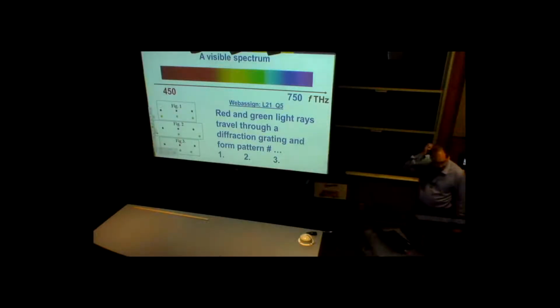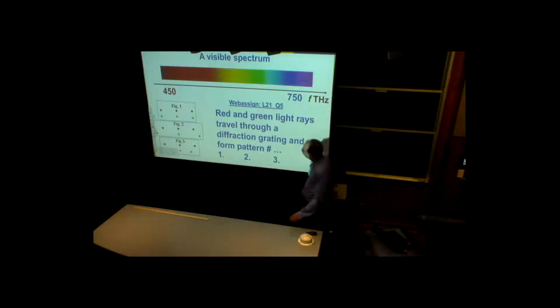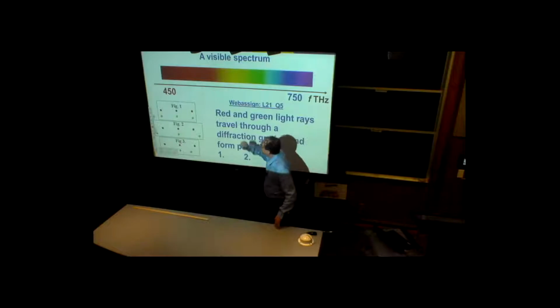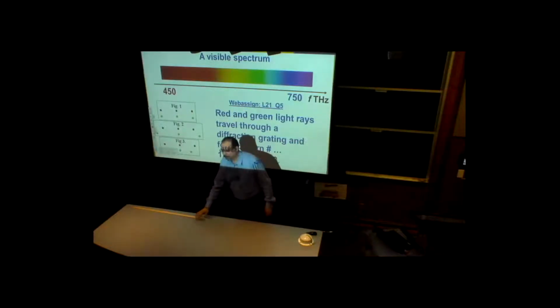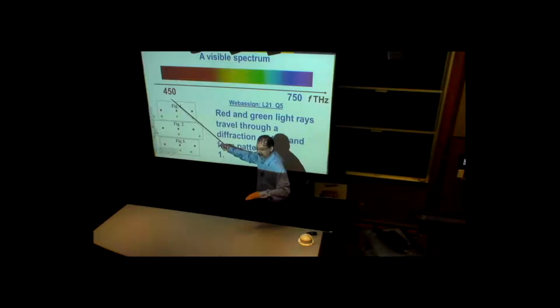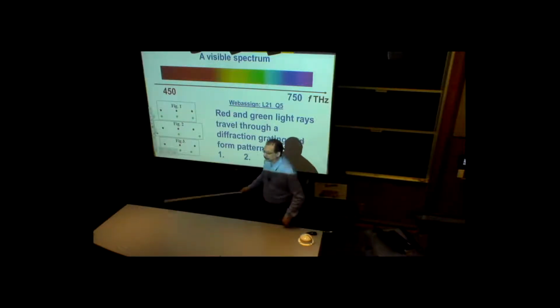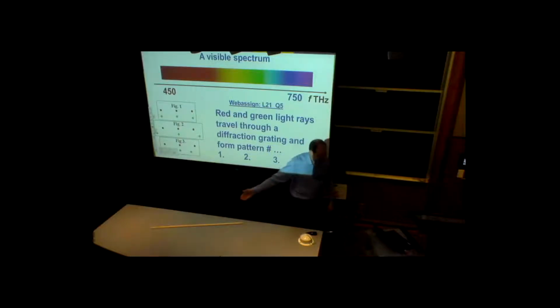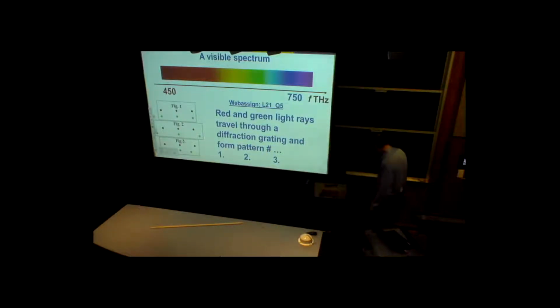Question. This is a visible spectrum. It's a rainbow. You've seen it many, many times before. We know that the frequency changes from low frequency for the red light, then it goes higher and higher. And I can use exactly the same diffraction grating I've used five minutes ago.